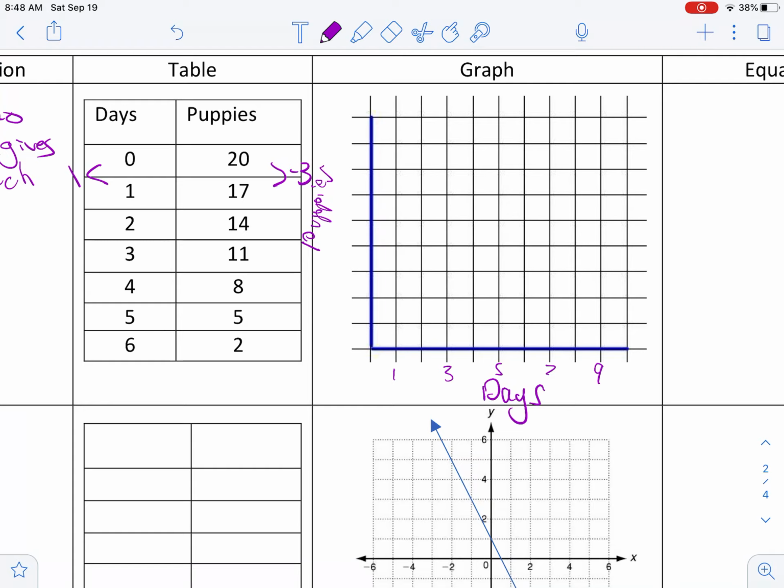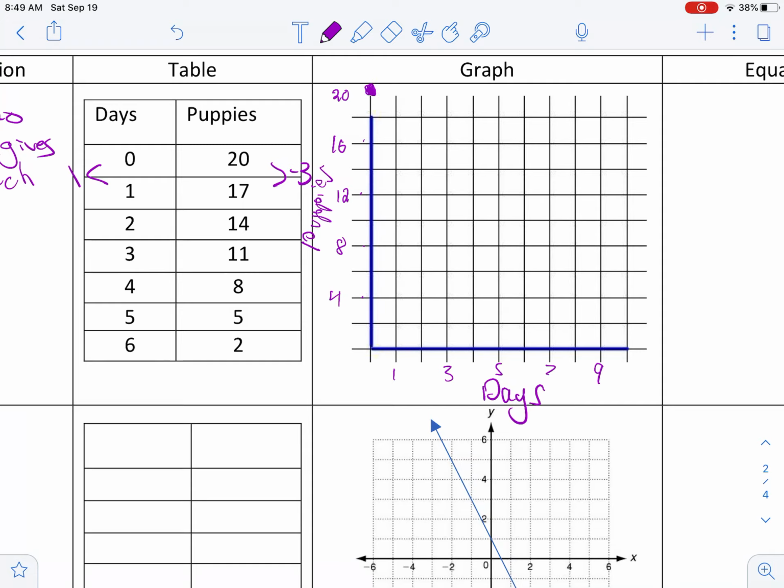We just need to make sure that we start at 20. So maybe I'll have to count by a bigger number, like 4, 8, 12, 16. Oh yeah, we can count by twos. So I've got 4, 8, 12, 16, and 20 would be this top row up here.